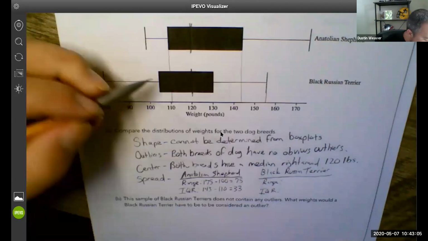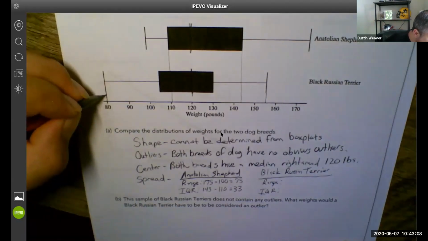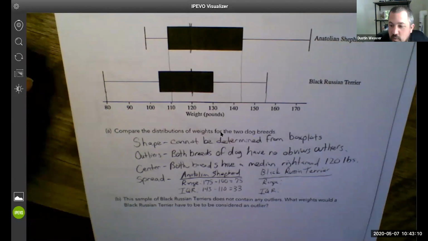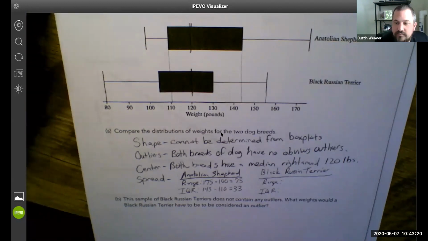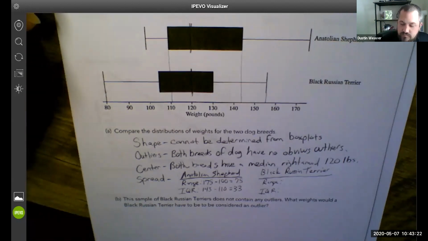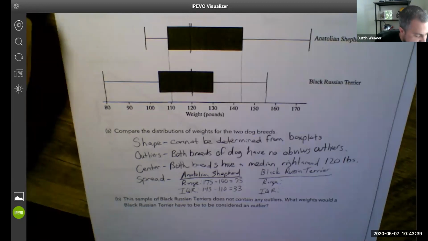Now let's look at the Black Russian Terrier. What is the range of the Black Russian Terrier? That's pretty easy to see. It goes from what? 155 minus 80.